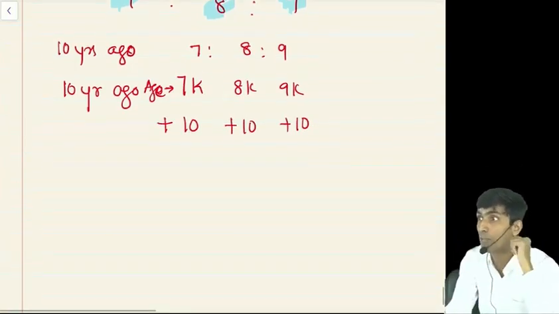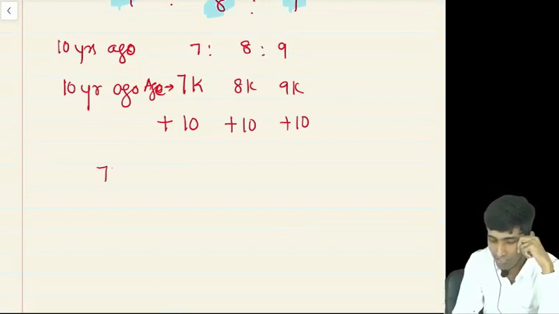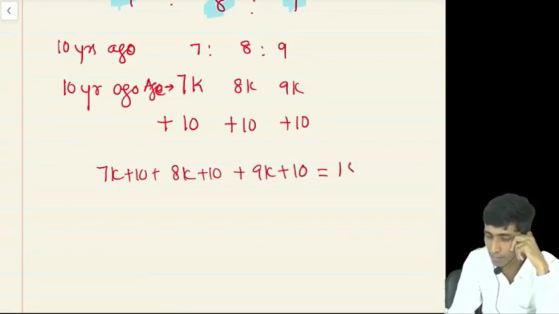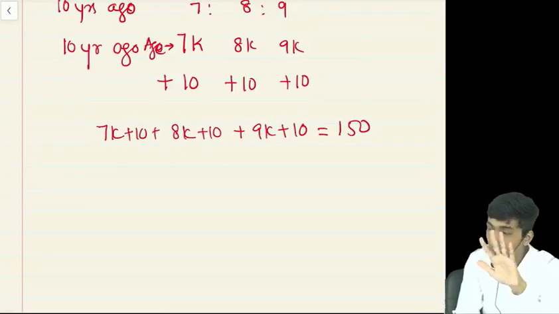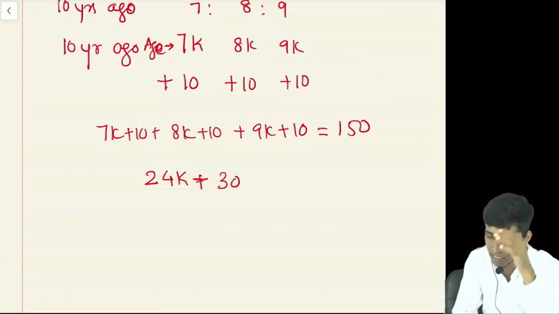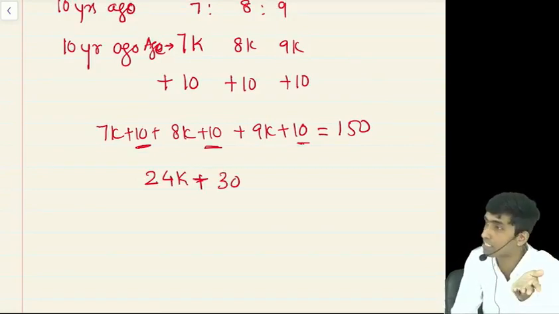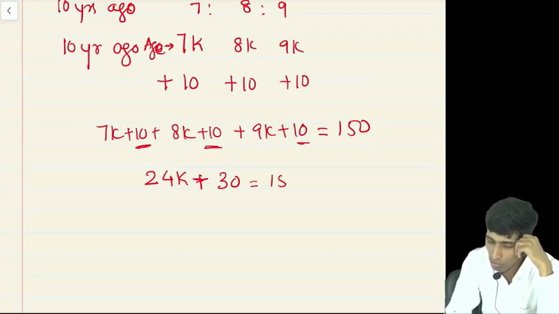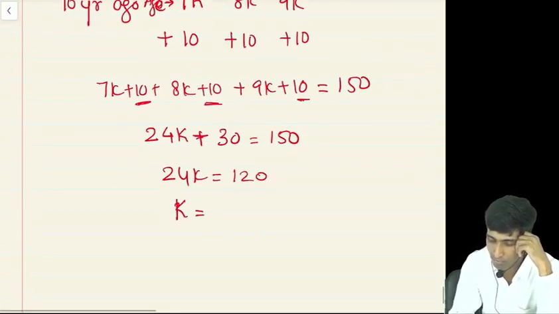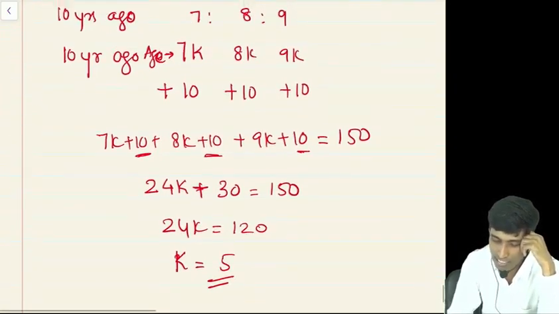So 7K plus 10 plus 8K plus 10 plus 9K plus 10. 7 plus 8 plus 9, how much? 24K plus 30, 10 plus 10 plus 10. Are you understanding this? 30 is equal to how much? 150. 150 minus 30 is how much? 120. K is how much? 5.